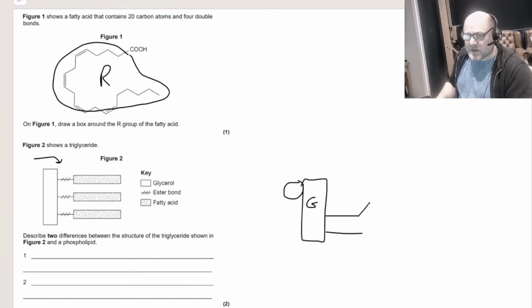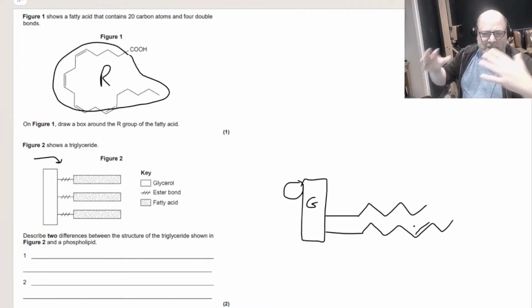So the R group, this one could be 1, 2, 3, 4, 5, 6 carbons long, and it's saturated, no double bonds. And we could make this one 1, 2, 3, 4, 5, 6, 7, 8 carbons long, and we could whack a double bond in there. The double bond would actually change the shape of that.